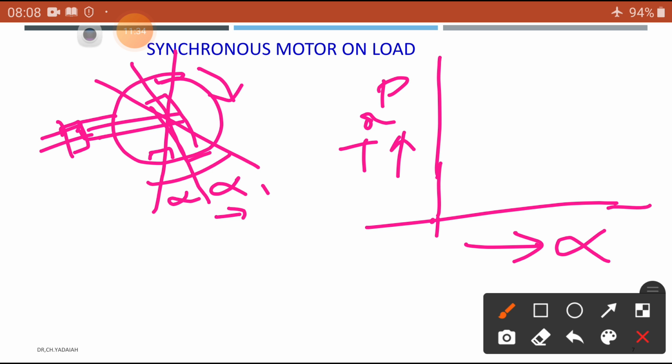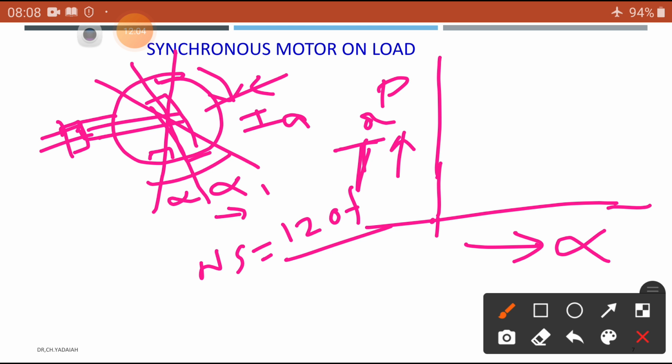So based on this, what is happening? As alpha increases, it draws more supply current, the armature current, to meet the increased load and to develop the required torque to maintain the constant speed, that is Ns equals 120 f by P.